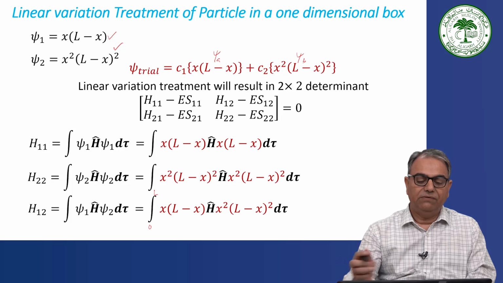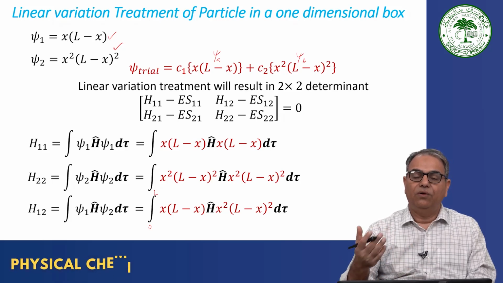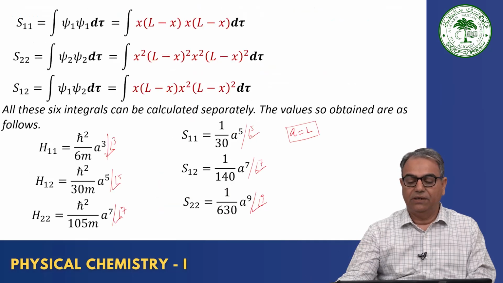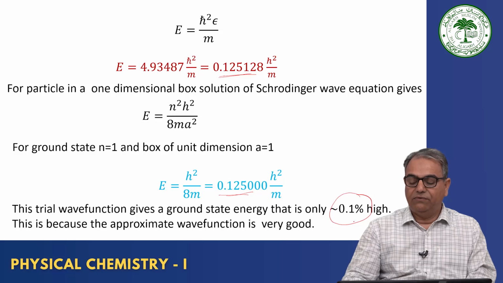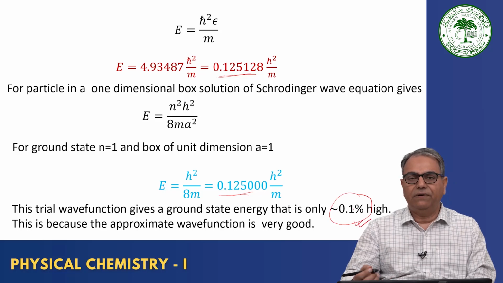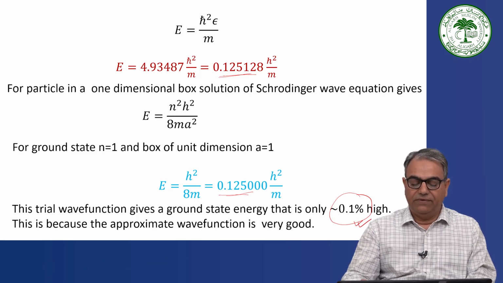We did this calculation with x into L minus x also, but we found that we get an energy which is 1.4% higher than the actual energy. When you use linear variation treatment, it is only 0.1% higher. Of course it will always remain higher because it is not the actual function, but it's only 0.1% higher than the actual energy. So it's a very good approximation which we obtain from the linear variation treatment for particle in a one-dimensional box.